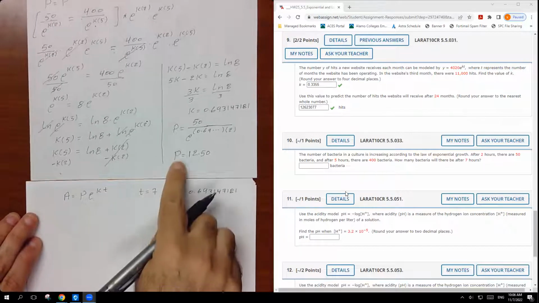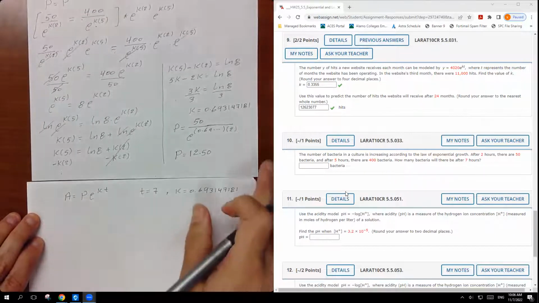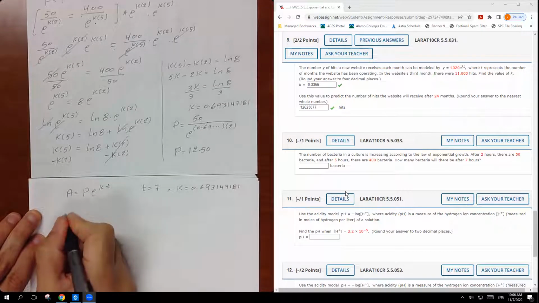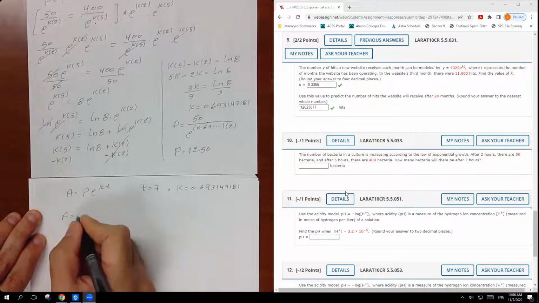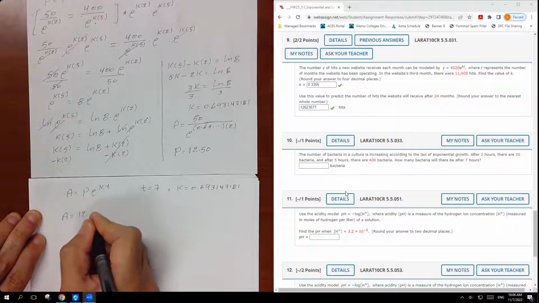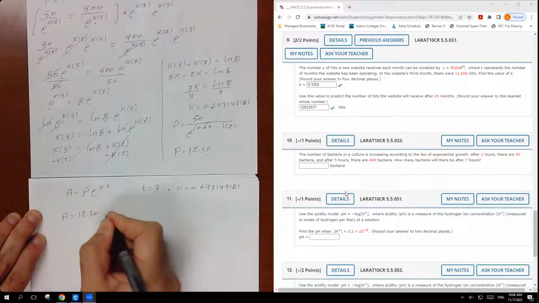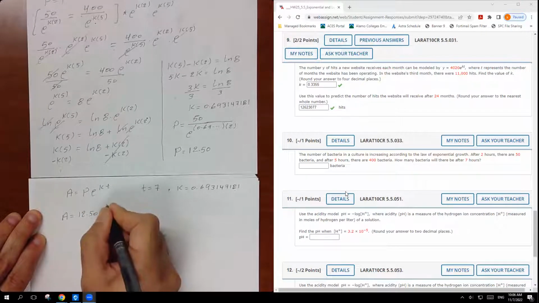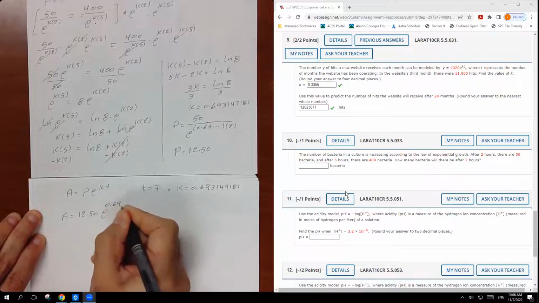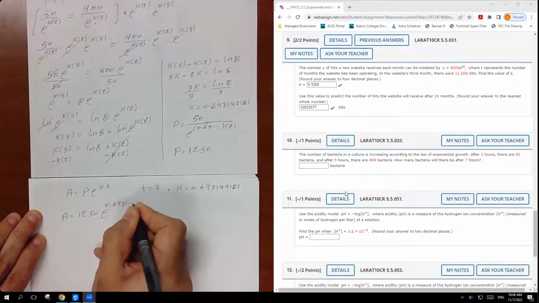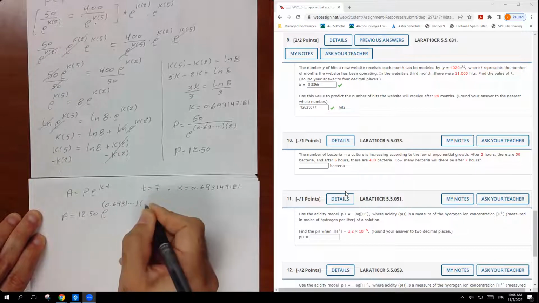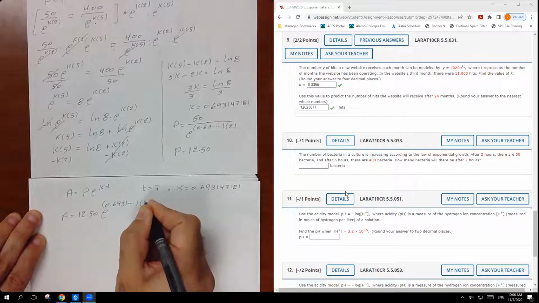And we have the value of P. So the bacteria after 7 hours is going to be 12.50 e to the K, which is 0.6931, times the time, 7.